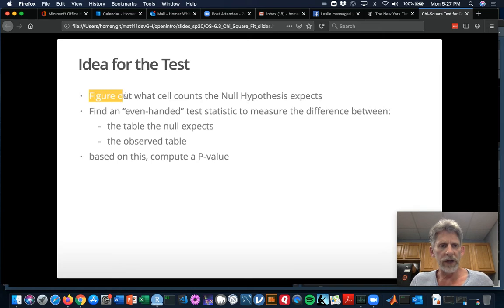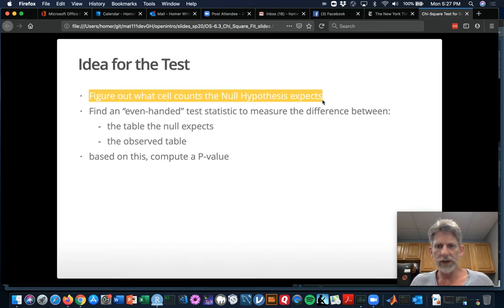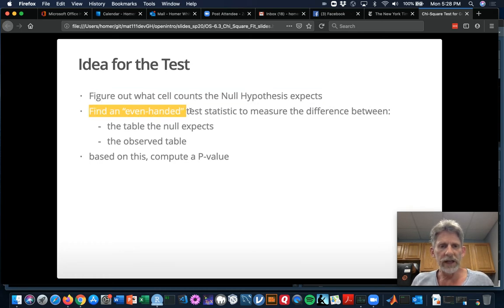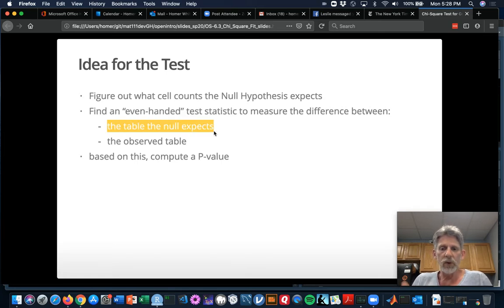First of all, let's figure out what cell counts the null hypothesis expects in each of the cells of the tally table. Number 1, number 2, each of those is a cell. And then we're going to find an even-handed test statistic to measure the difference between a tally table that the null expects to see, more or less, versus the table that's observed in the data. And based on that difference, compute a p-value.